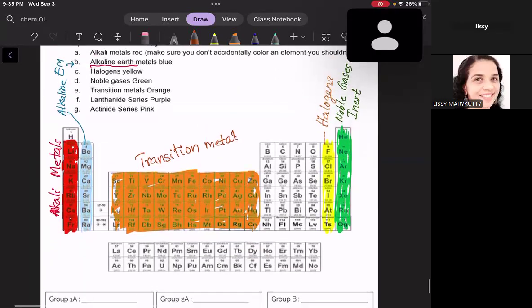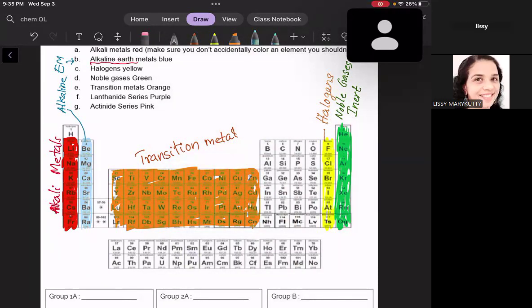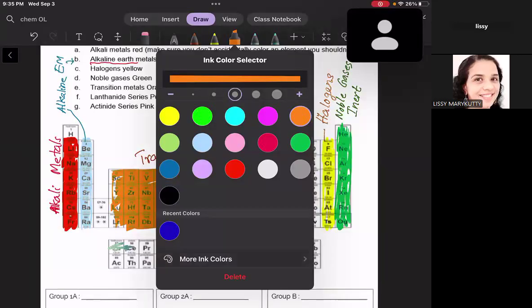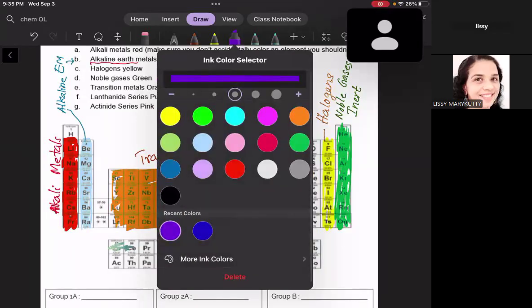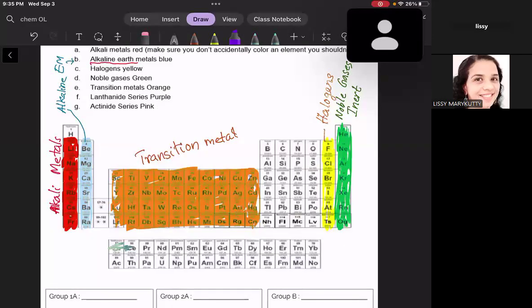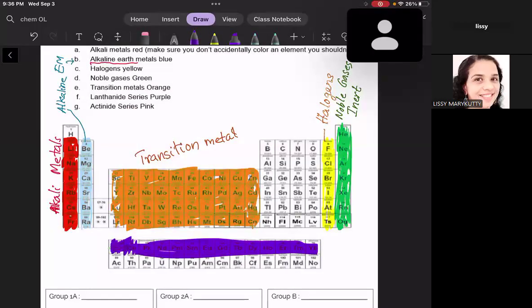Now we are going to the bottom line, get a purple color. And highlight the first row with purple, and they are called lanthanide series because they are starting from lanthanum.